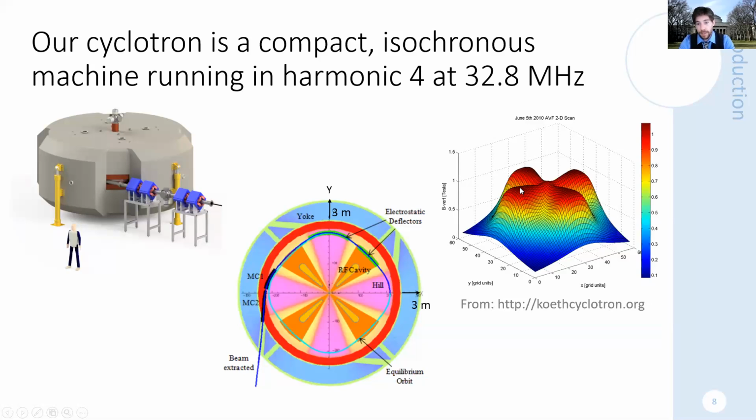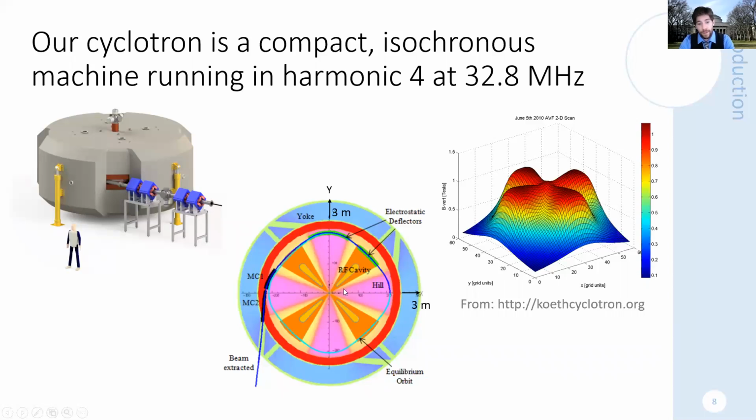One is that for the vertical focusing, you need this strong gradient between hills and valleys. And then in order to overcome relativistic limitations, you also need the average magnetic field to increase radially outwards. So those are the two staples of the isochronous cyclotron.